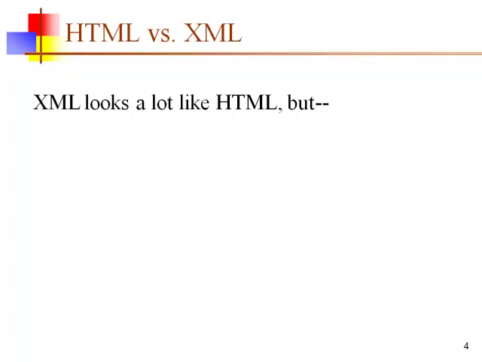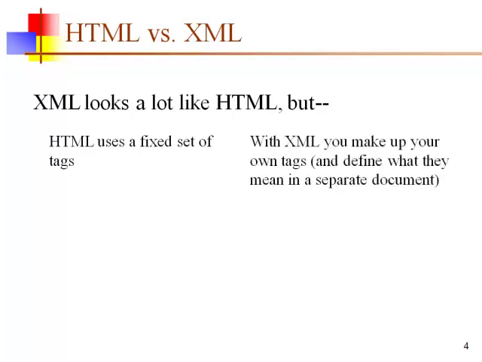XML looks a lot like HTML most of the time, but there are some major differences. We'll see what the differences are now. HTML uses a fixed set of tags, but in XML you make up your own tags. For example, in HTML we have h1 and closing h1 for a header, and p for a paragraph.